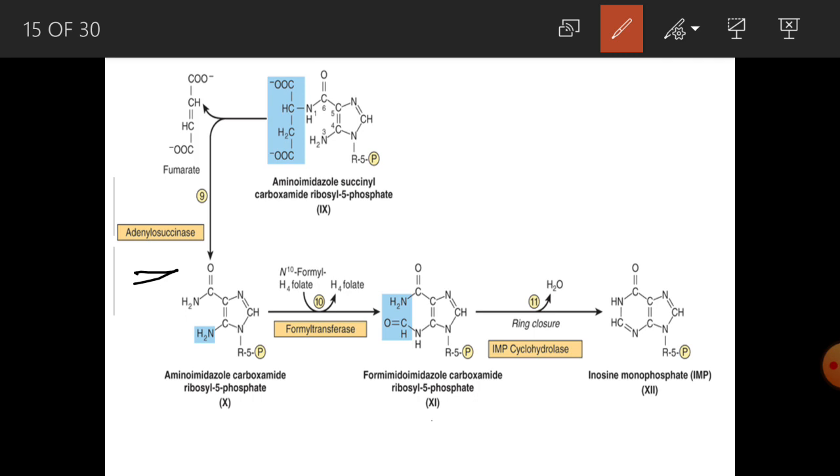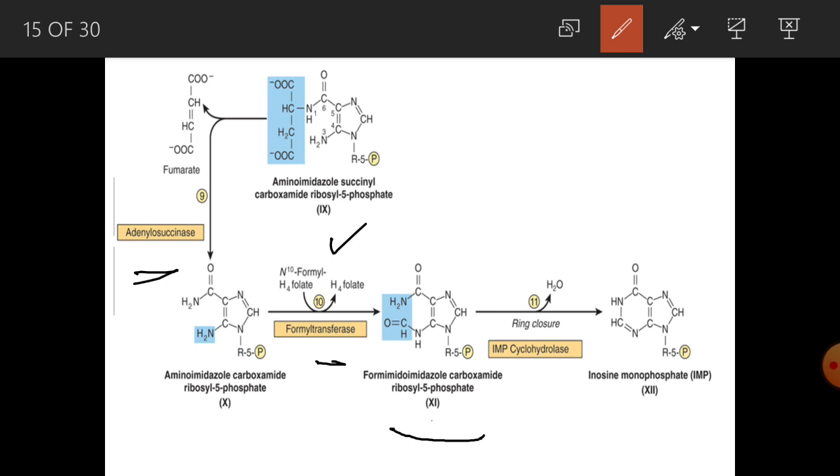Next step, formyl transferase, another 1 carbon moiety N10 formyl tetrahydrofolate will donate the formyl group and it will finally produce formimidazole carboxamide ribosyl 5-phosphate.